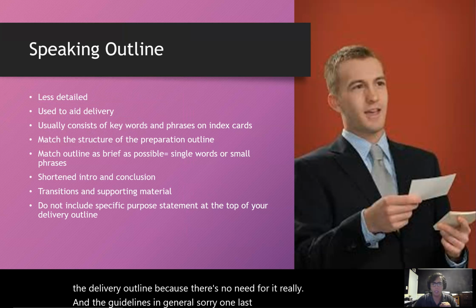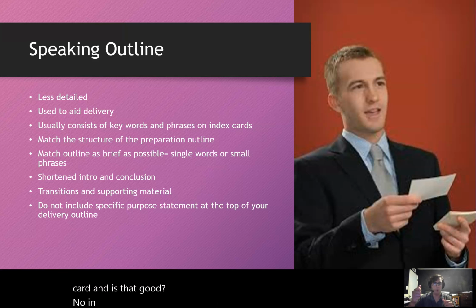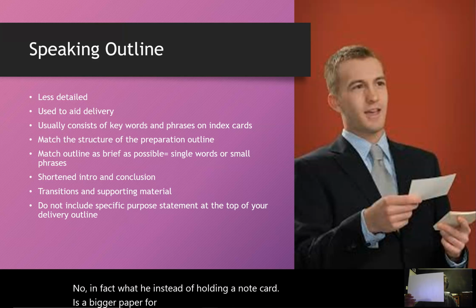How is he holding the note card, and is that good? No. In fact, instead of holding a note card, use a bigger paper for this. Instead of holding a note card like this, you should be holding it like this.